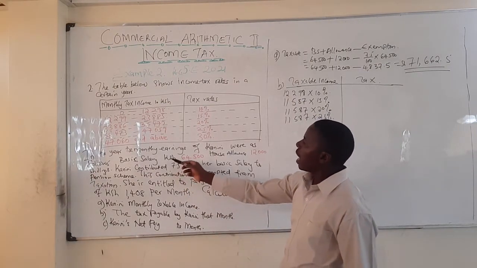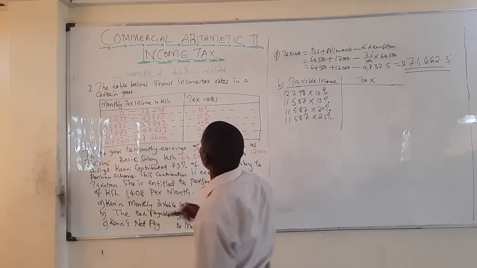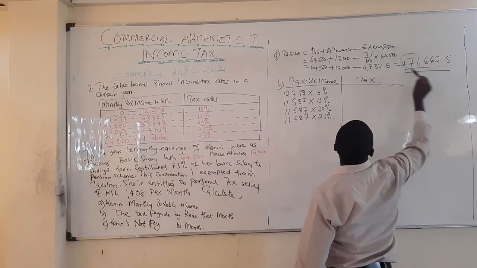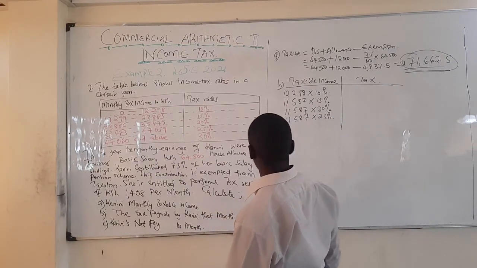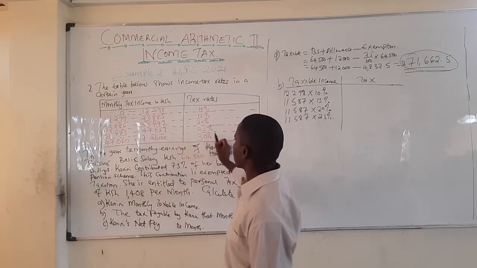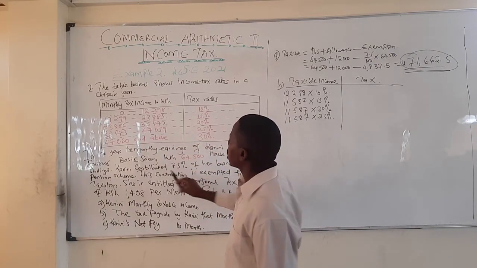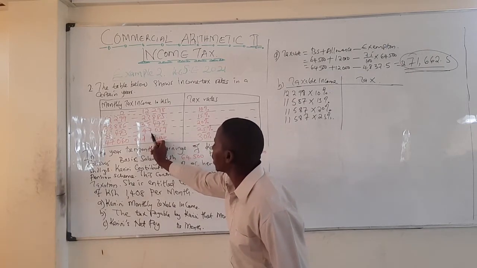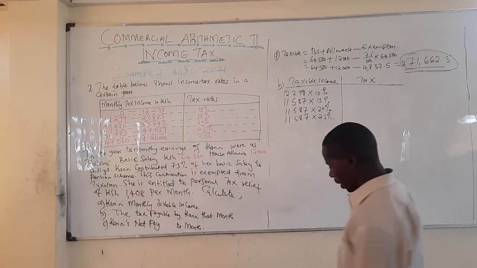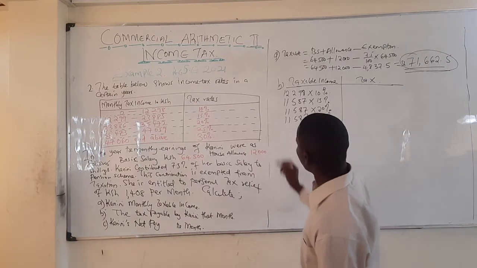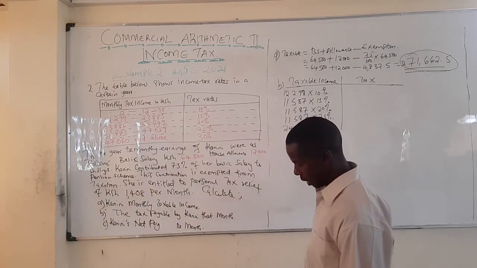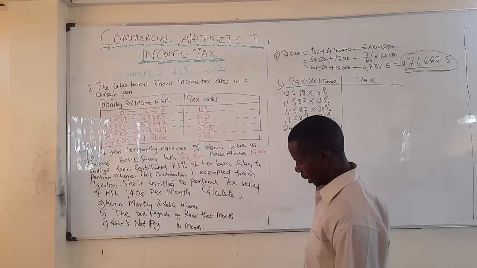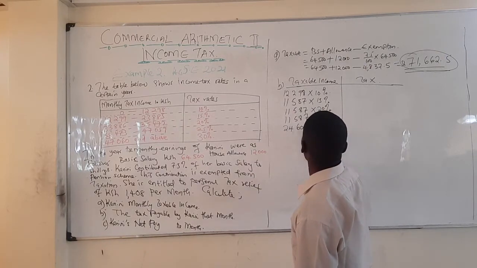Then to get what you're going to tax at the last bracket, we take our taxable income, which is 71,662.5. We subtract 47,059, and when we subtract the two, we are going to be having 24,603.5. This one is multiplied by 30%.